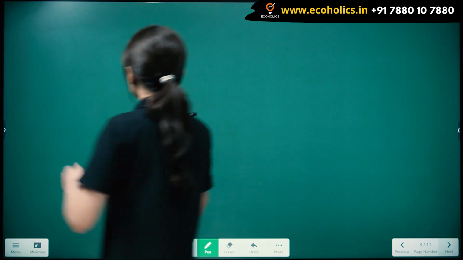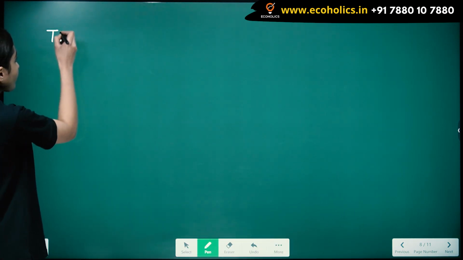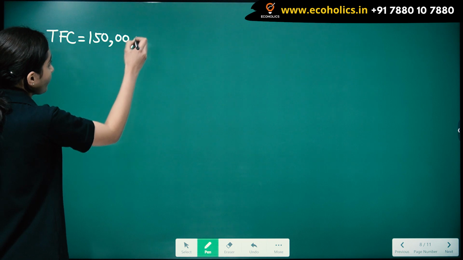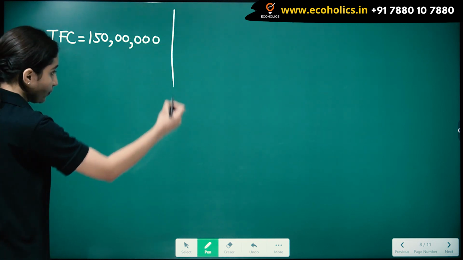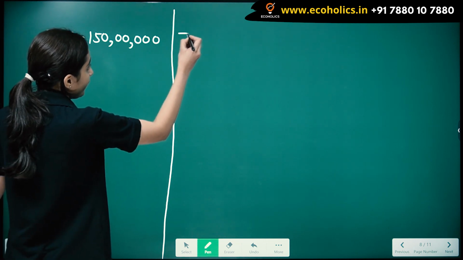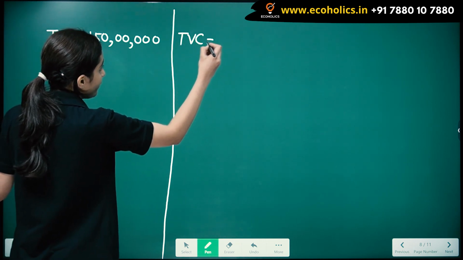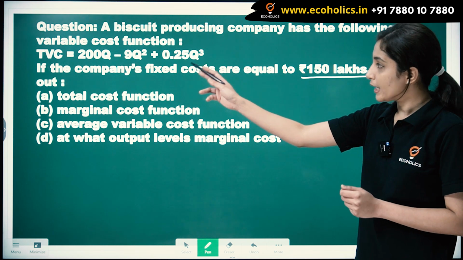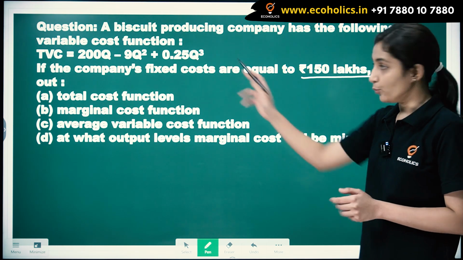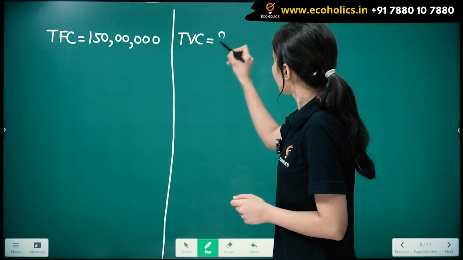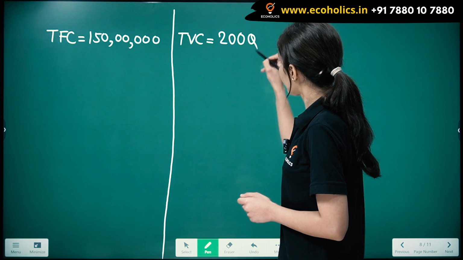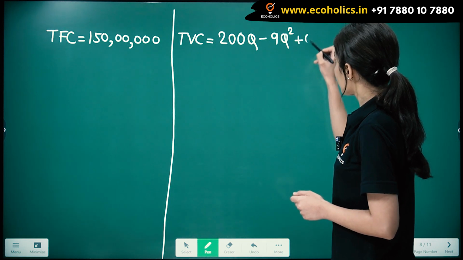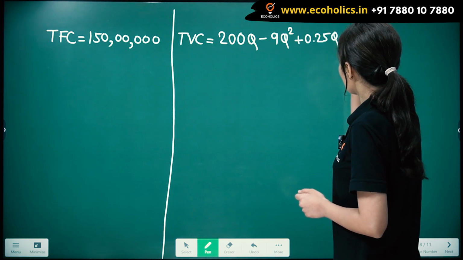So what we are given is that our total variable cost is 200Q minus 9Q square plus 0.25 Q cube.